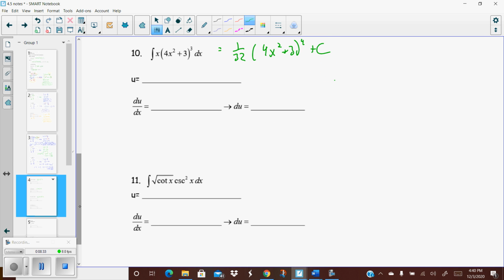And then number 11 is going to end up being negative 2/3 cotangent of x to the 3/2 power plus c. So again, use those as practice. See if you can match the answers. I think that would be a good idea. All right, so we're going to move on.